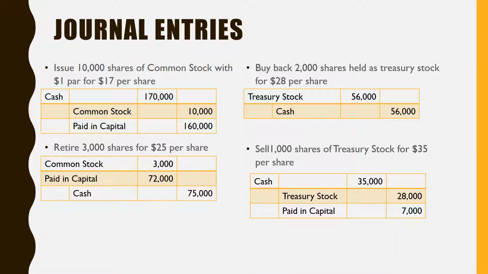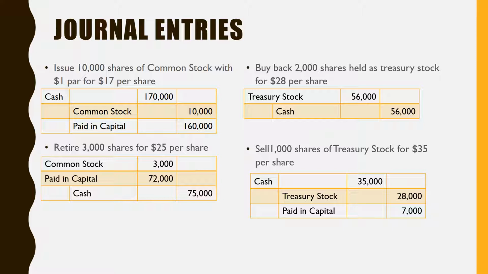And then if I decide to sell some of those, let's say I sell those 1,000 shares of treasury stock for $35, I'm going to get $35,000 in cash. Treasury stock goes away at the $28, what I paid for it. And so I've got paid in capital of $7.